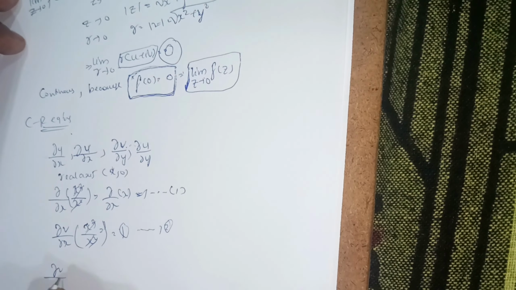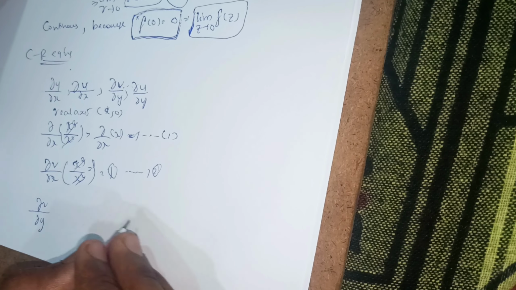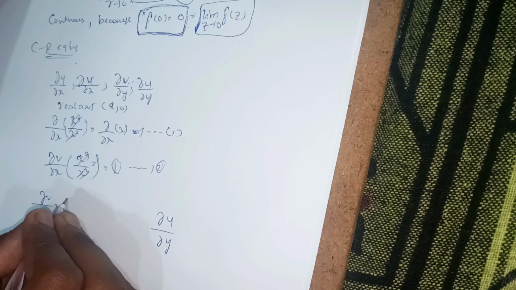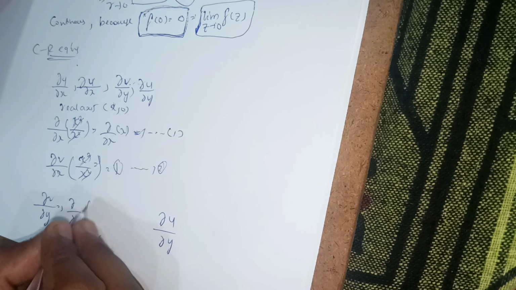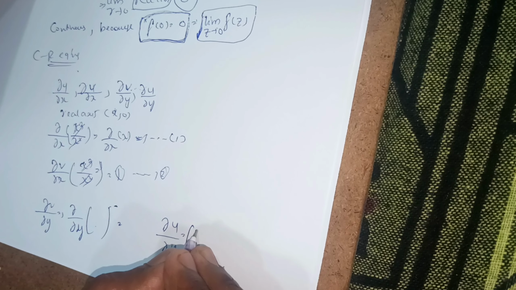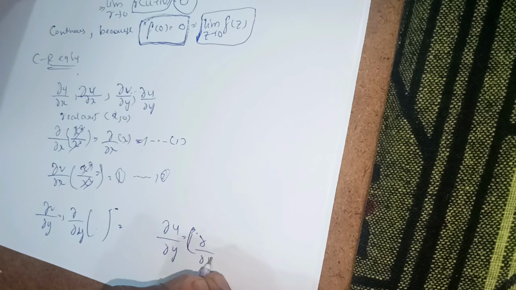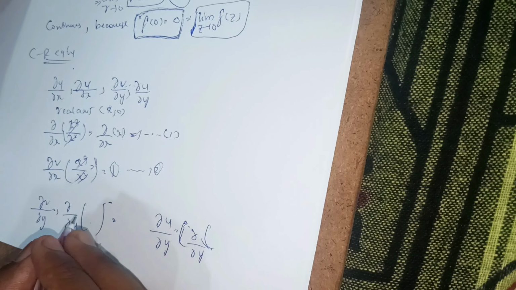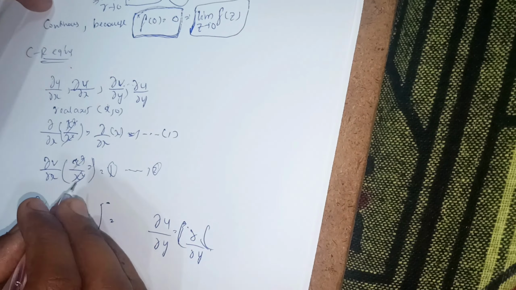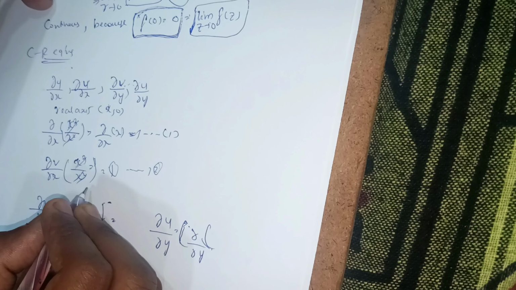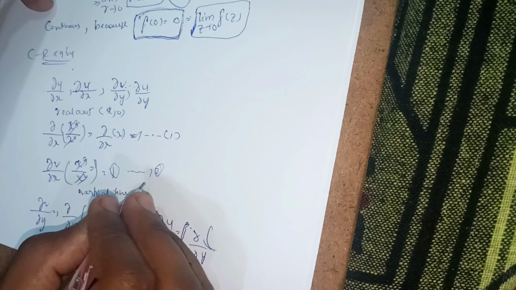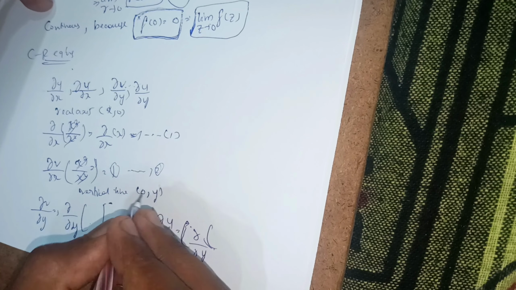Next, dou v by dou y and dou u by dou y. Dou by dou y of u, we get from the vertical line. The vertical line is 0 comma y.